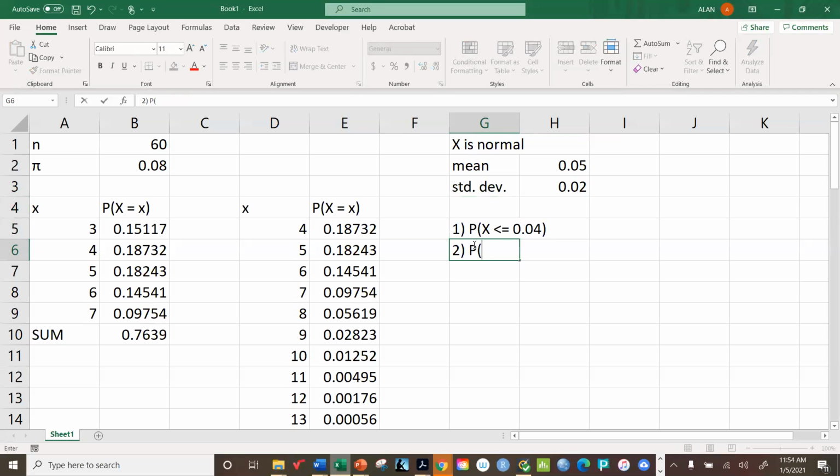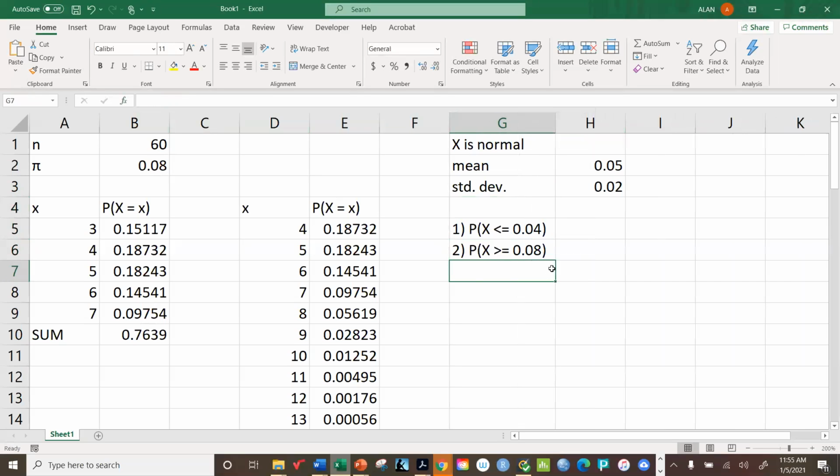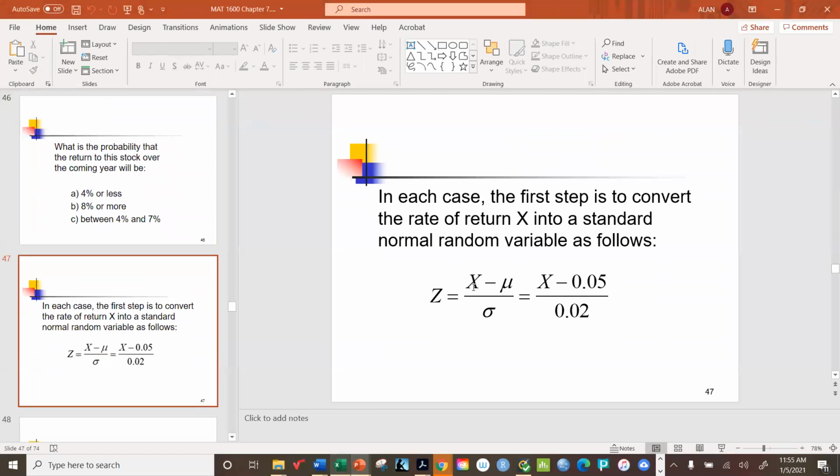The second one was greater than or equal to 0.08. And the third one was between 4 and 7.